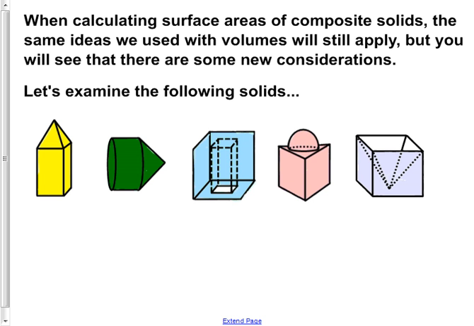You do not need to copy them down from this screen, but we are going to be looking at them one at a time, and you do need to copy them down again during this lesson as they appear on the screen one at a time, because we do have some new measurements and things going on with these shapes, so we don't want to be using the old shapes and the old measurements from yesterday.